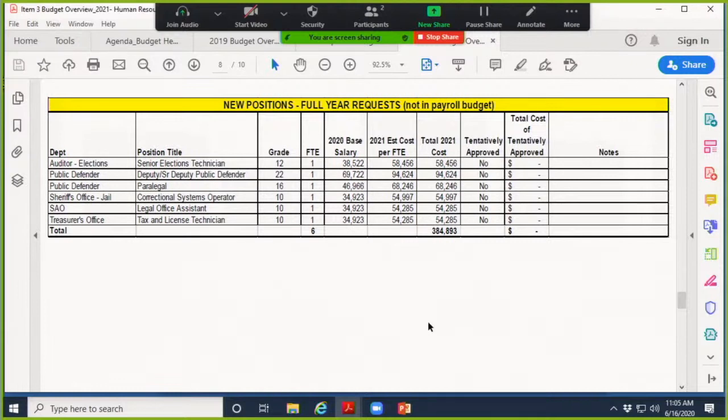I think we have too many of our highly compensated people doing that type of work, and if we hired assistants and people that could get the legwork done, the non-technical portion of the work, we could justify not hiring additional attorneys at this point anyway, just give them the help that they need. So I would be in favor of the promotions that are requested, and for the public defender, the paralegal, and the state's attorney, a legal office assistant and a paralegal.